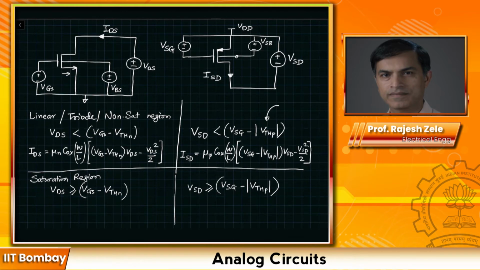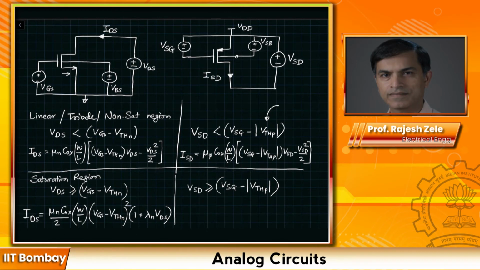Saturation region equation for NMOS is IDS equal to mu n Cox W by L times VGS minus VTHN square, and there is a divide by 2 here, and the channel length modulation effect is 1 plus lambda n VDS of the NMOS device. Okay.